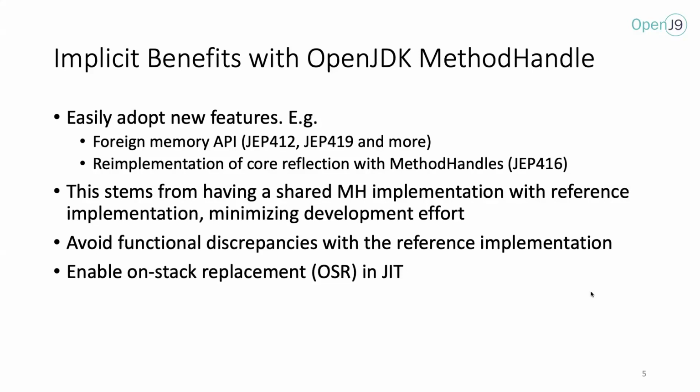And there are a number of performance benefits we get. Previously it was not possible to have on-stack replacement for method handle implementation, but now it is. And there are many more performance opportunities that we will benefit from as we continue the work that we're doing to improve the performance.